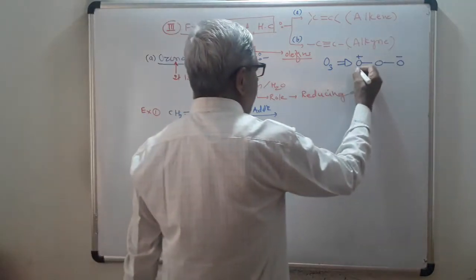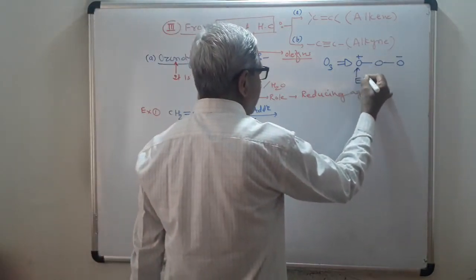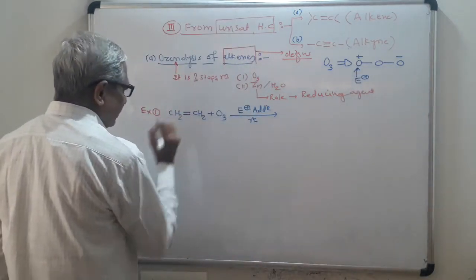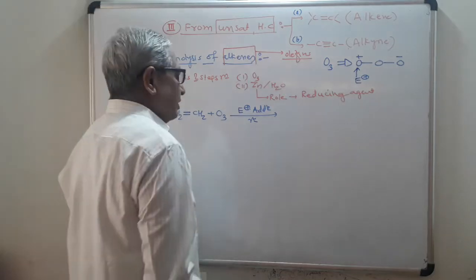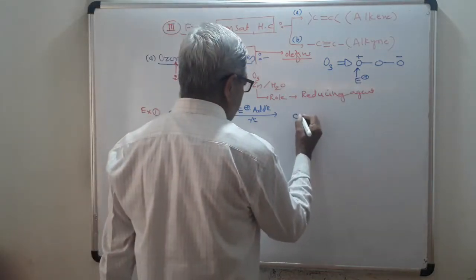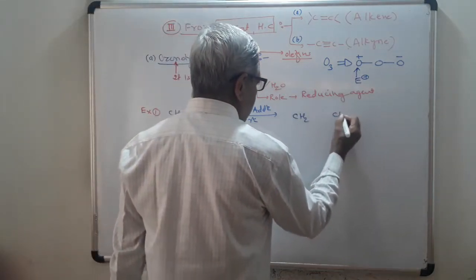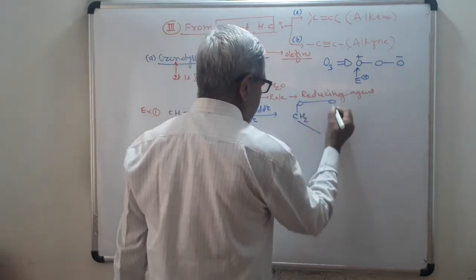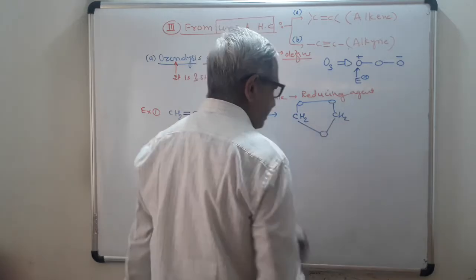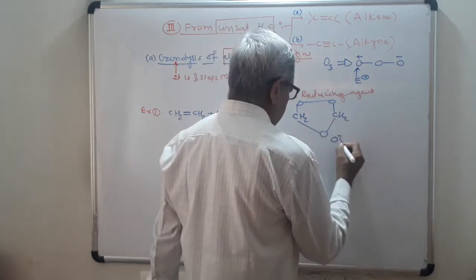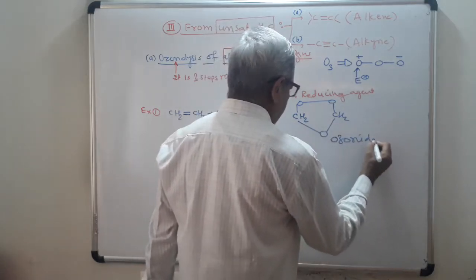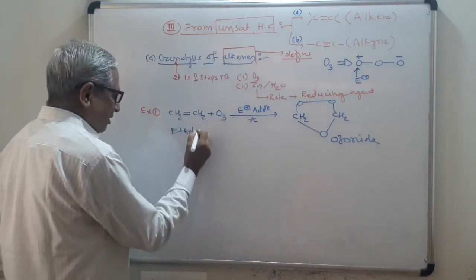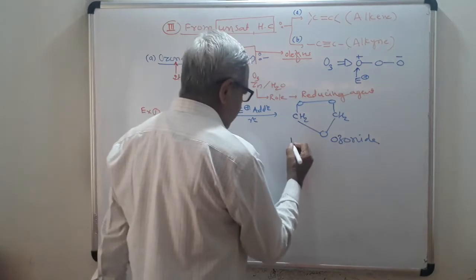This part will act as an electrophile, and hence it undergoes electrophilic addition to the carbon-carbon double bond, and you will get the intermediate ozonide like this: CH2, CH2, oxygen, oxygen, oxygen. This is known as ozonide. The name of this compound is ethylene, therefore it is ethylene ozonide.